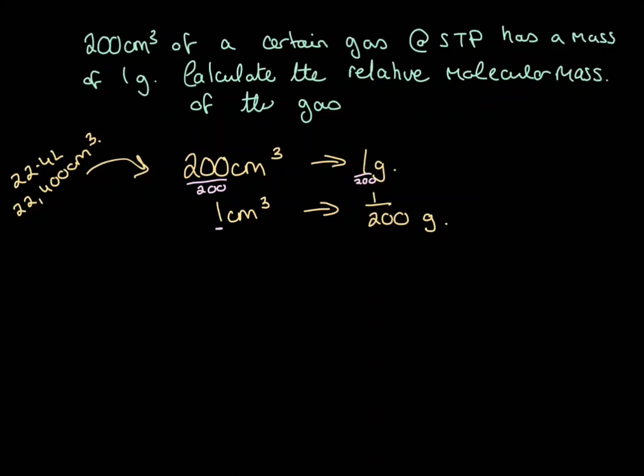Now what I really want to get it up to is 1 mole of the substance, which is 22,400 centimetres cubed. So here I'm going to multiply both sides by 22,400 centimetres cubed. And I will get this now.